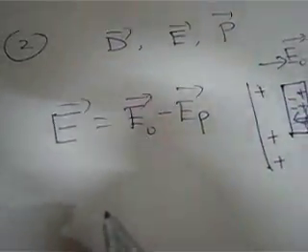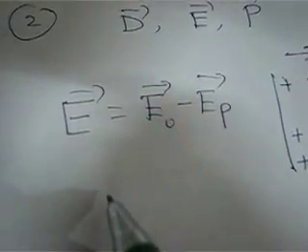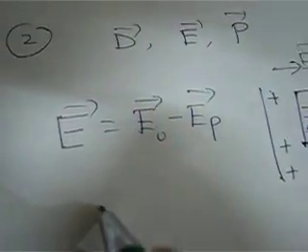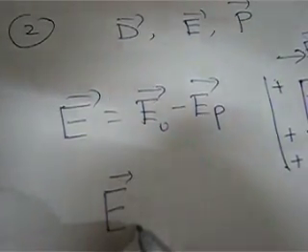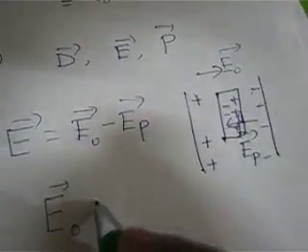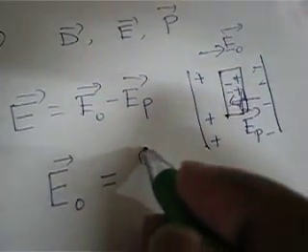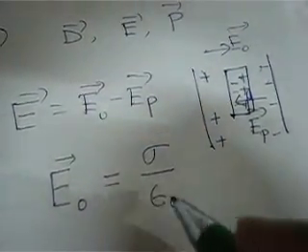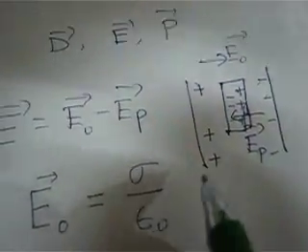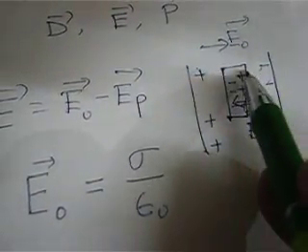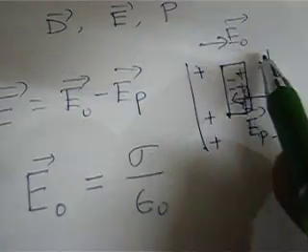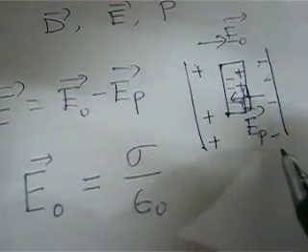Now here, this electric field E naught can be expressed as sigma by epsilon naught from Coulomb's theorem. Sigma is the surface density of charge of the plate.